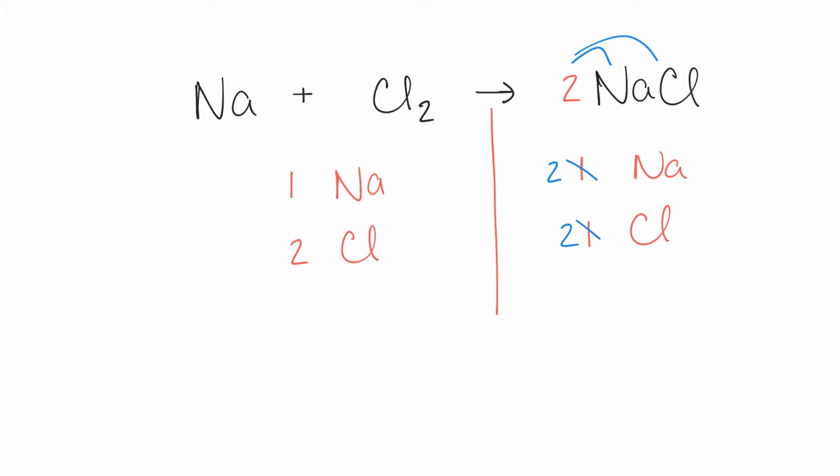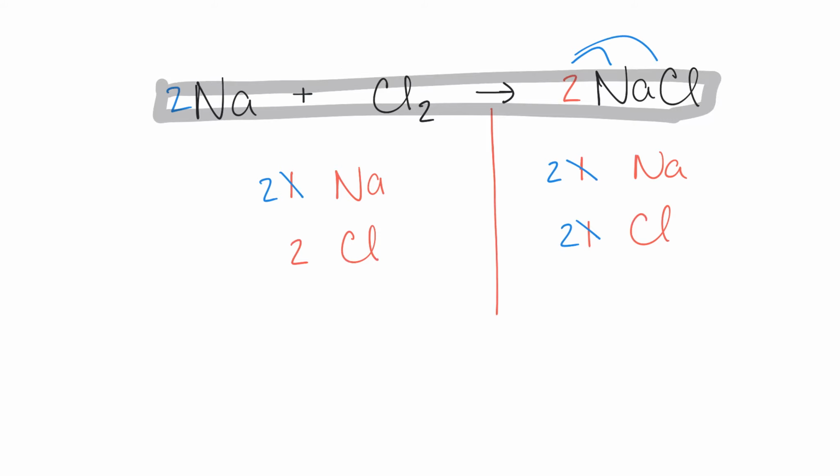I need more sodium on the left. So I'm going to double that. That makes 2 sodiums and 2 chlorines, and my equation is balanced. So my final balanced equation is 2 Na plus Cl2 yields 2 NaCl.